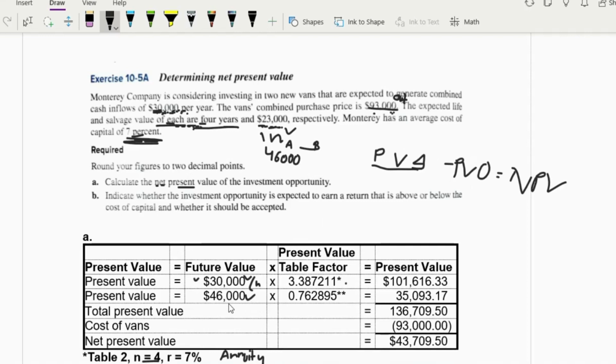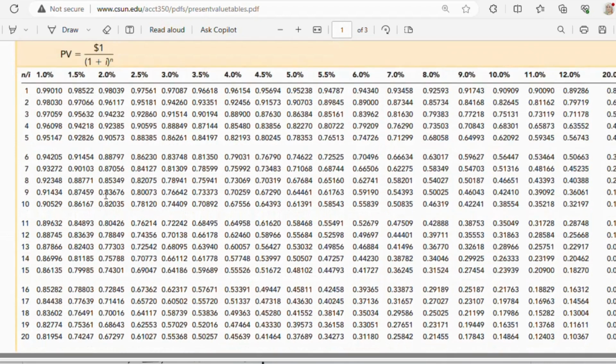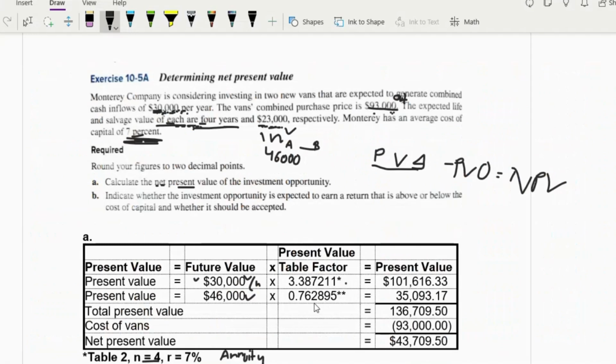But this is not an annuity, because this is a one-time receipt after 4 years. So for this I will be using the single amount table. This one, after 4 years, 7% rate, so 0.76290. If you round off, you can see that it's 290. Anyways, multiply them, you get the present value of 2 inflows.